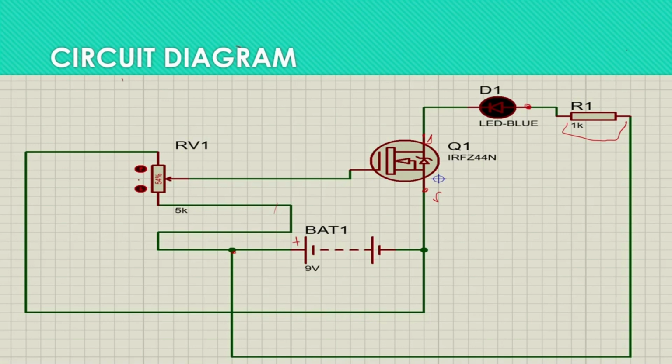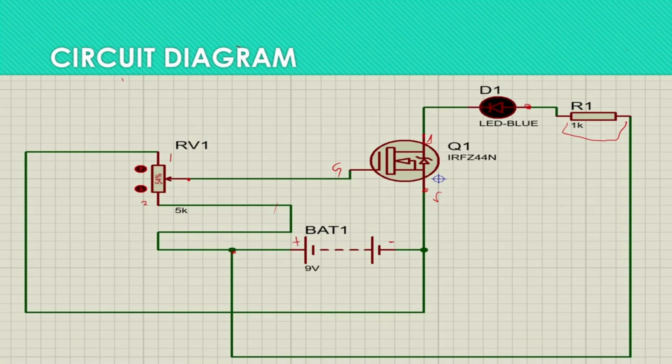I connected the variable terminal of the potentiometer to the gate, I connected the first terminal of the potentiometer to the negative terminal of the battery and I connected the second terminal of the potentiometer to the positive terminal of the battery.